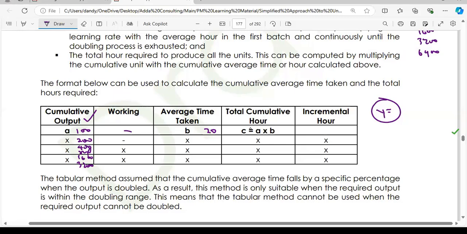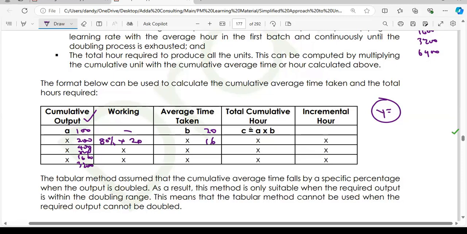I'll say 80% multiplied by the first hour, the average time spent to produce the first batch, which is 20. 80% of 20 gives us 16, right? You can see the time has dropped from 20 hours to 16 hours.